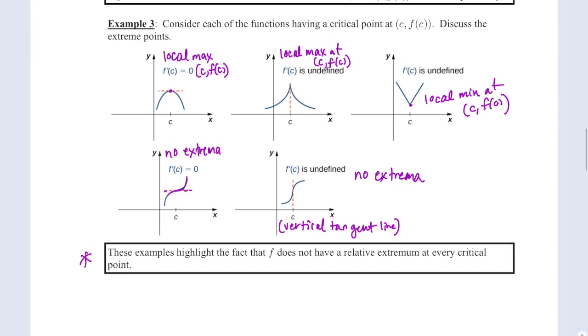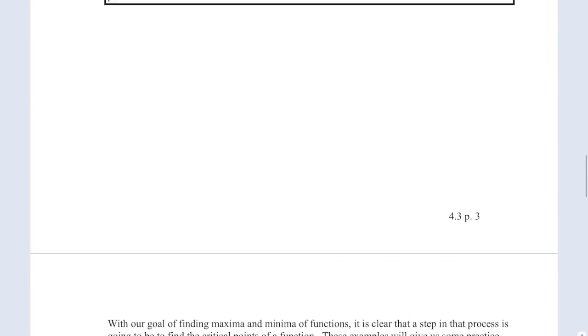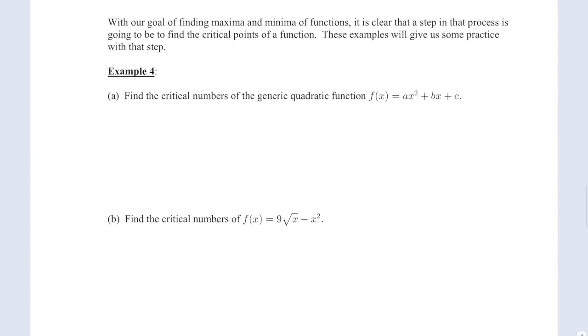But if we can know where the critical points are, then we can start using those as where we would search for the extreme points for the function. So we want to get practice with just finding critical numbers, because those critical numbers will be our first step in finding the extreme points for these functions.